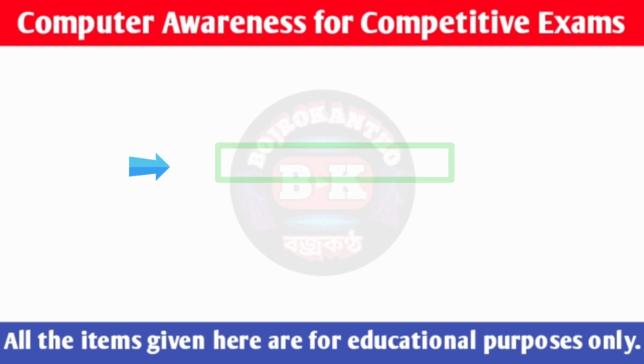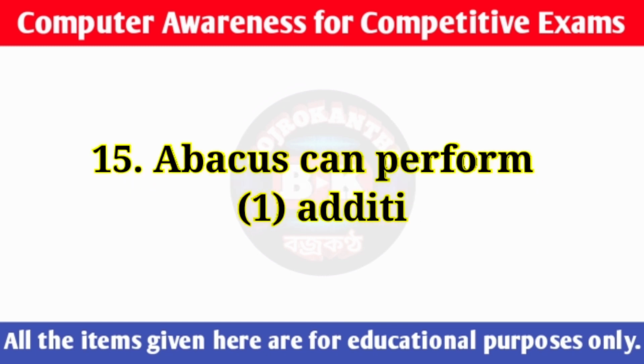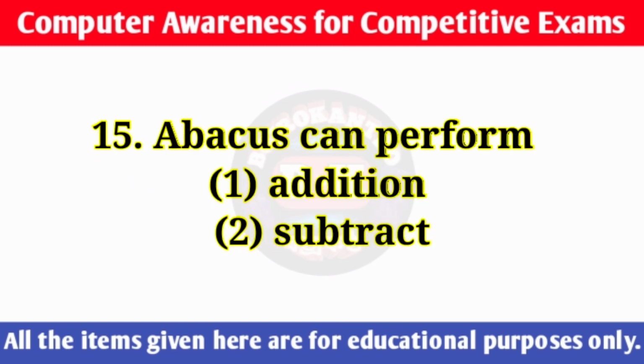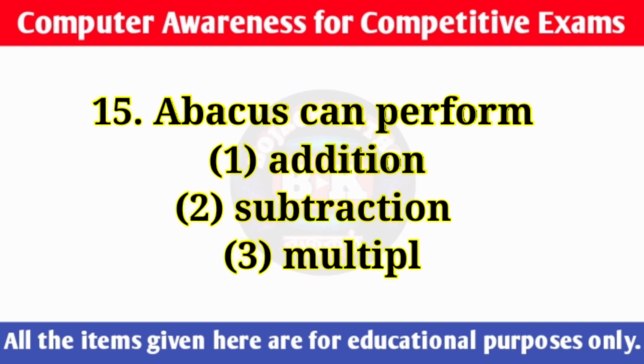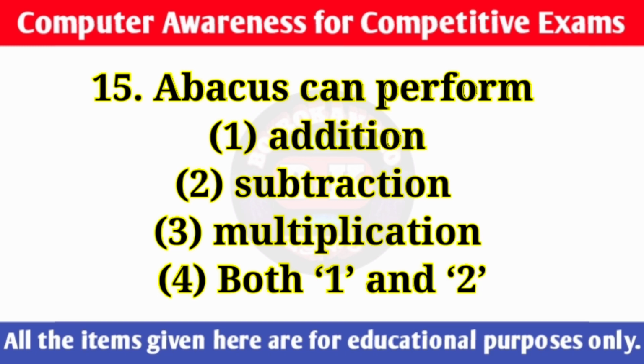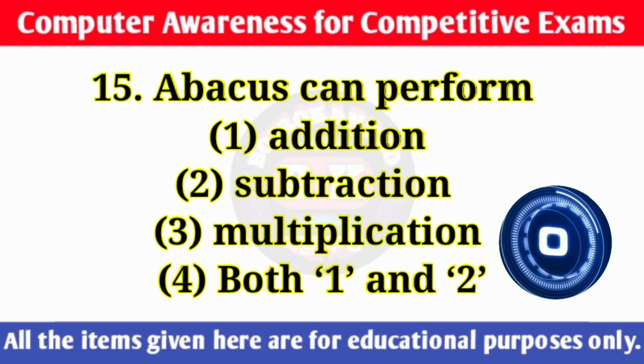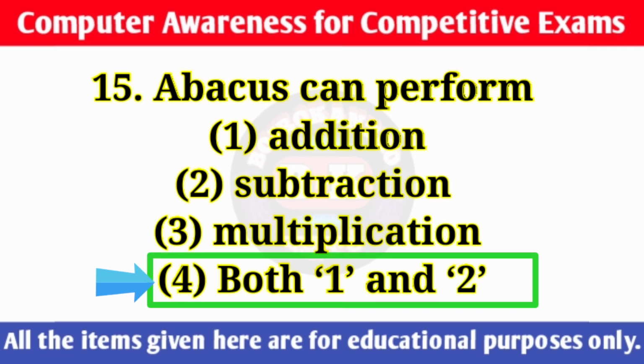Abacus is the earliest calculating device. Question number 15. Abacus can perform option number 1 addition, 2 subtraction, 3 multiplication, and option number 4 both 1 and 2. The correct answer is option number 4 both 1 and 2.